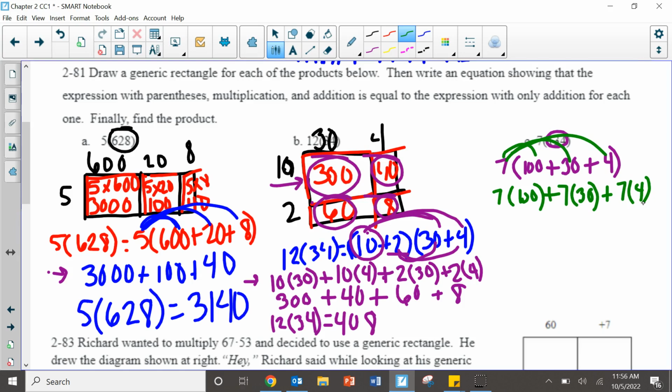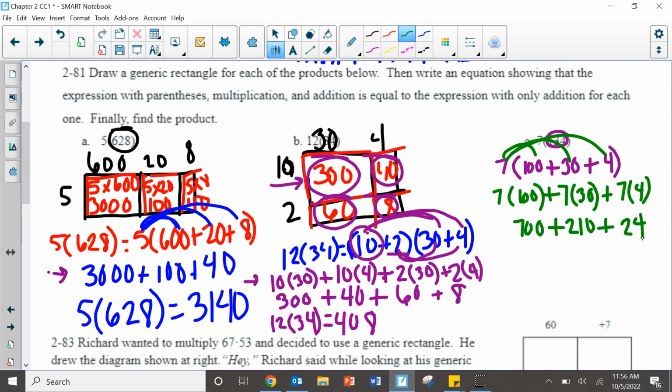And yes, I do want to see all these steps. I know you're probably rolling your eyes right now at me at your desk, but you'll be okay. All right, so now we have distributed. Now it's time to start solving. So 7 times 100 is 700. 7 times 30 is 210. And 7 times 4 is 28.